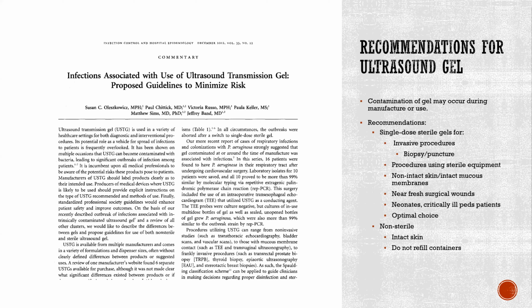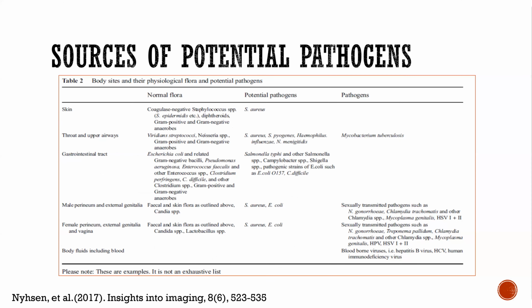So this is just a slide that's highlighting the sources of potential pathogens and where you'll find them. Obviously our skin has coag negative staph and some other friendly bacteria, but we have some very specific things that tend to show up in our throat and upper airways. E. coli is often in our GI tract, along with some of our enterococcus species.